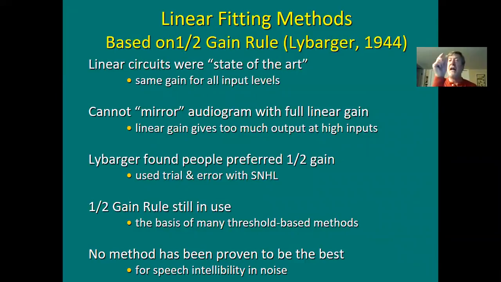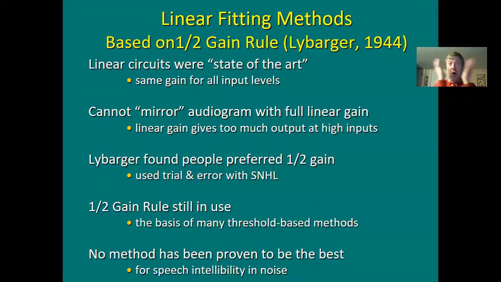This is the reality. Why? Because sensory neural hearing loss makes the floor elevated, but the ceiling hasn't changed. It's all about that reduced dynamic range. All, A-L-L, 100%. It's all about that. The funniest thing about our field is no method has been proven to be the best. I think that's hilarious. So there we sit.